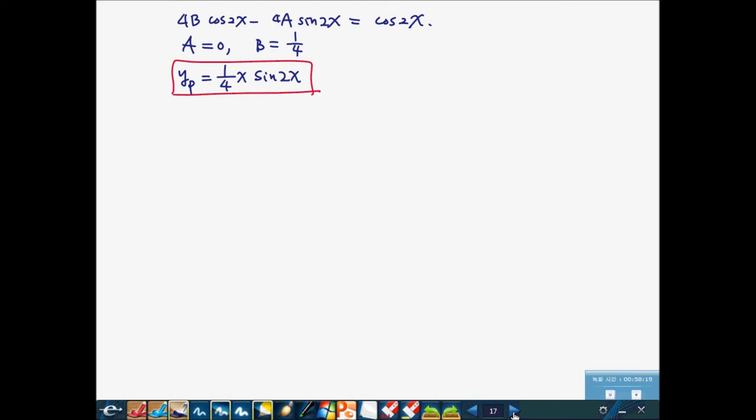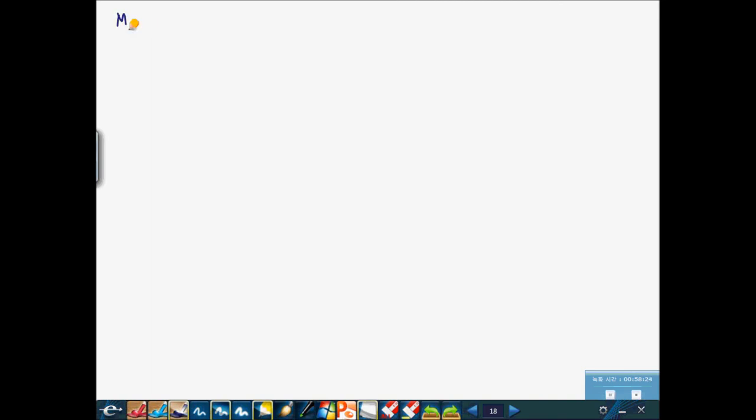Then the same thing, I'm going to do using MVP this time. So our yp is u times cosine 2x plus v times sine 2x. And I'm going to use the equation u prime cosine 2x plus v prime sine 2x is 0.